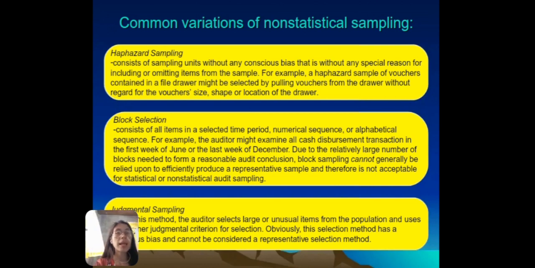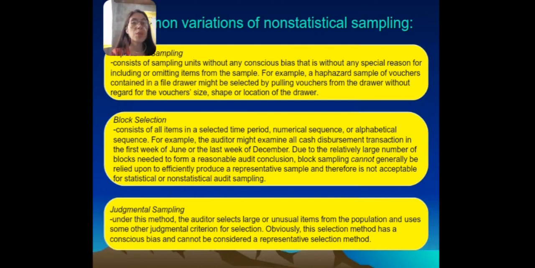Due to the relatively large number of blocks needed to form a reasonable audit conclusion, block sampling cannot generally be relied upon to efficiently produce a representative sample, and therefore it is not acceptable for statistical or non-statistical audit sampling.